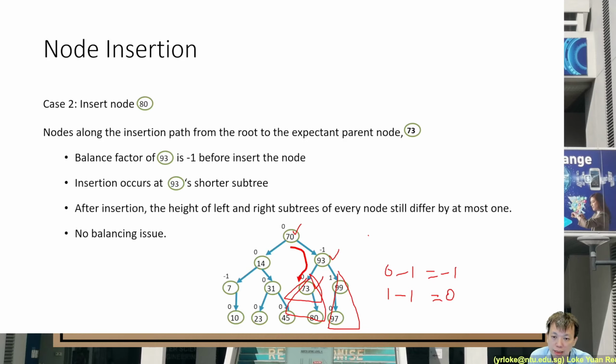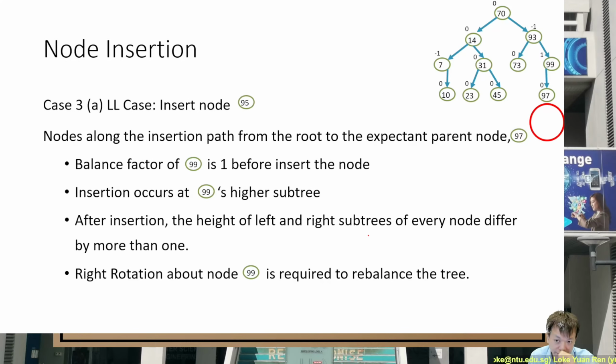So last Friday, I showed you, if you are trying to insert, for example, 95, you can see that you will move along this path. 95 is greater than 93. 95 is lesser than 99. 95 is lesser than 97.